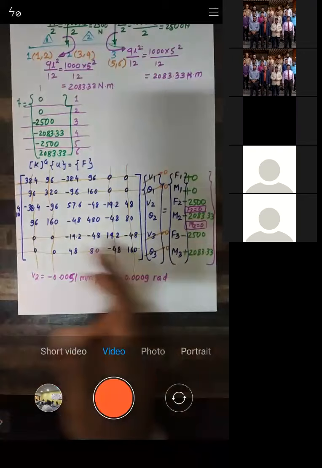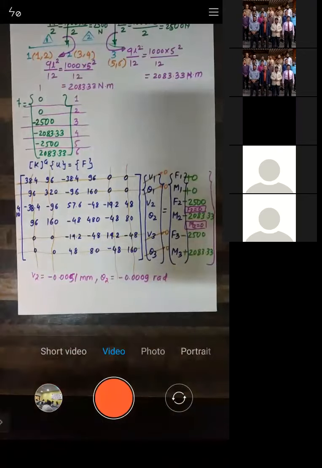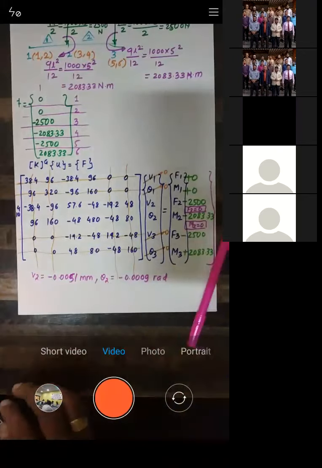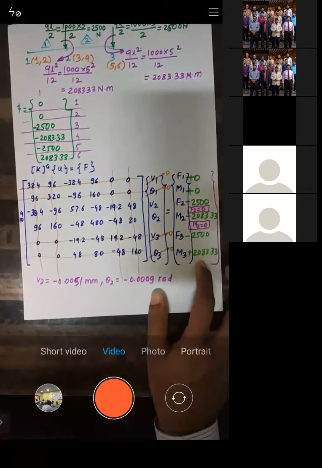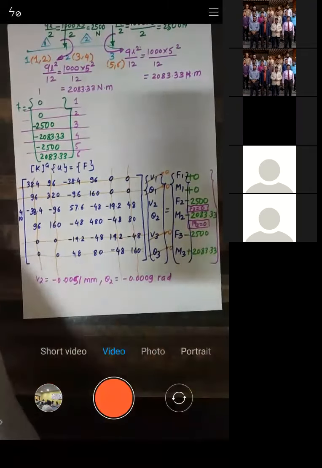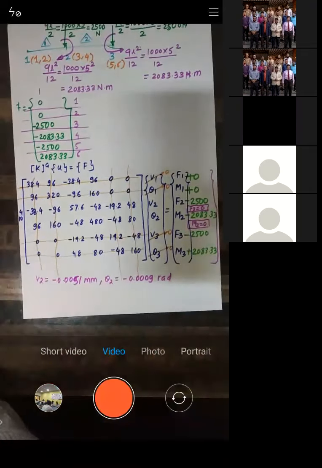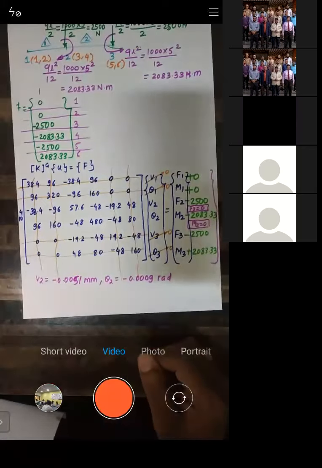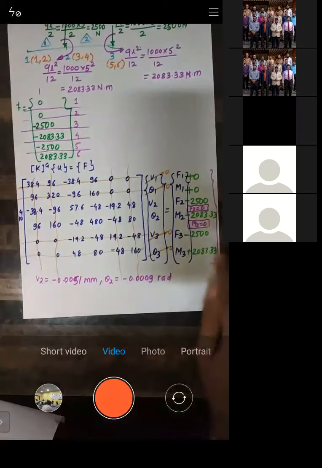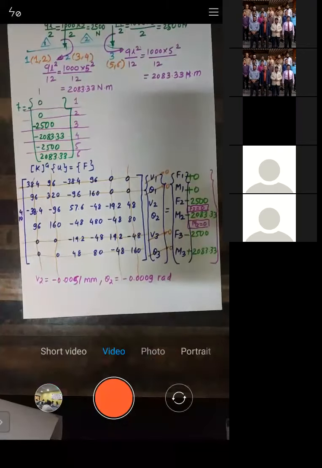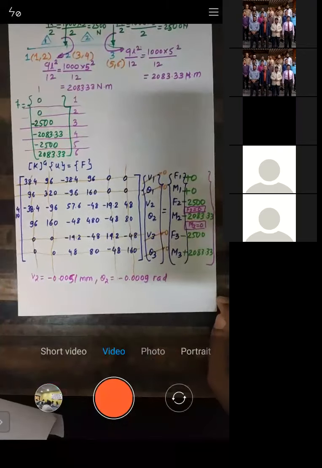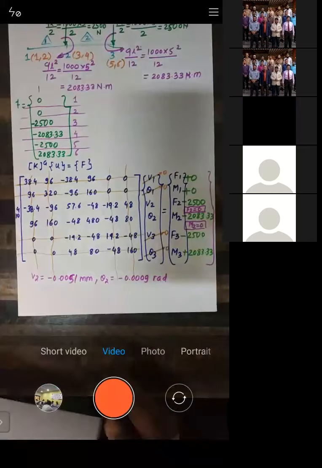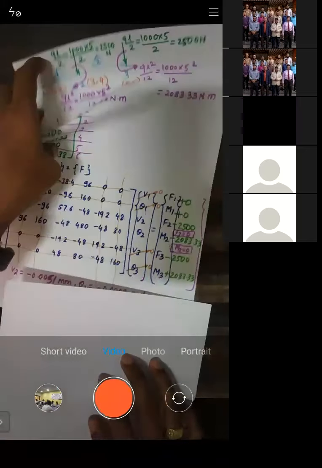When we put these, we will get these values. Is that okay? Let me know.